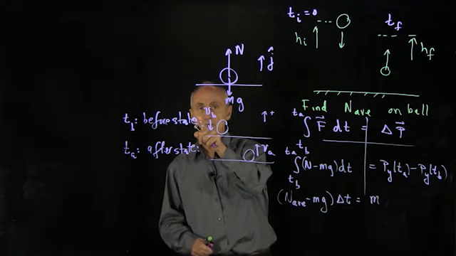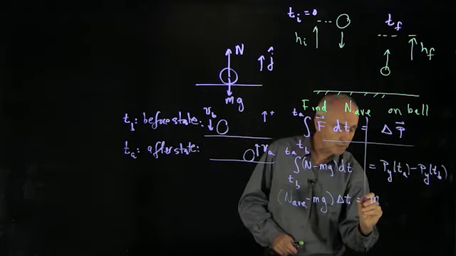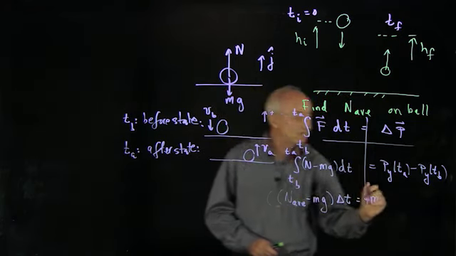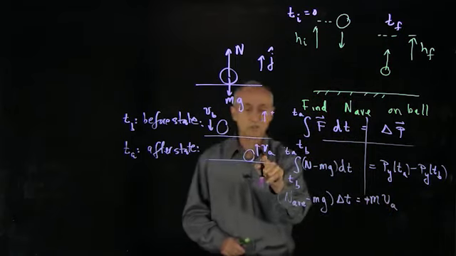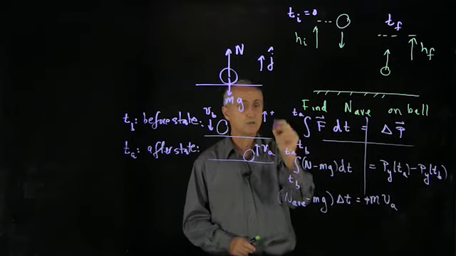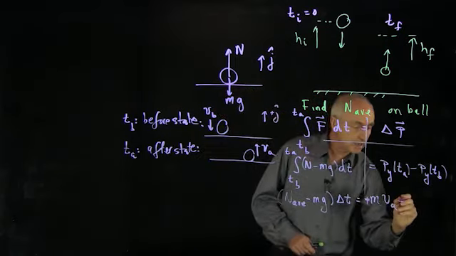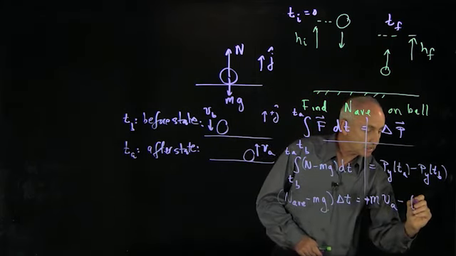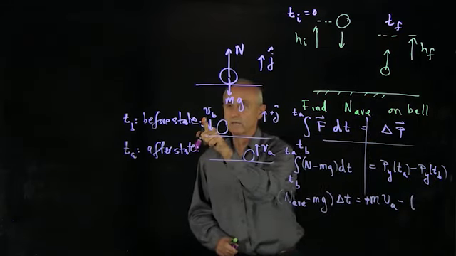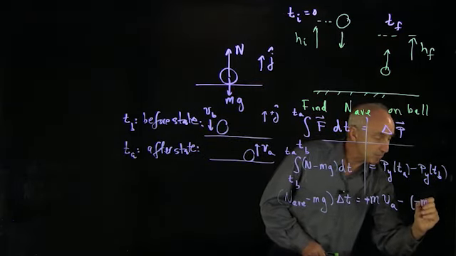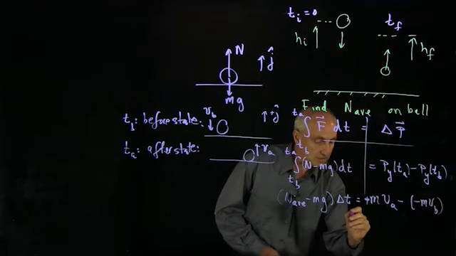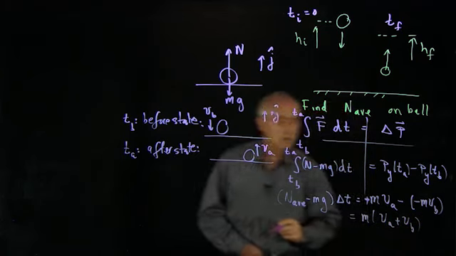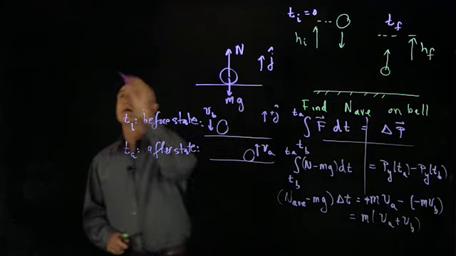We chose speed downwards, that's in the negative y direction, so we're looking at v after. We have plus v after, because this is going in the positive j hat direction. And over here, we have negative mass, but it's going in the minus direction, so we have minus m times v before, and so we get mass times v after plus v before.